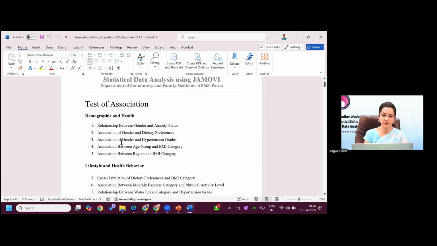So with gender, we have to see anxiety, dietary, hypertension. So I will open this JAMOVI.